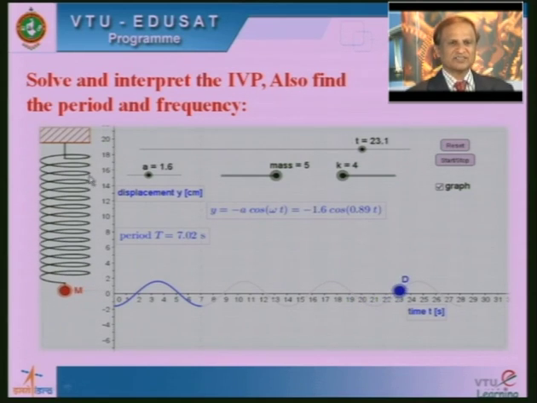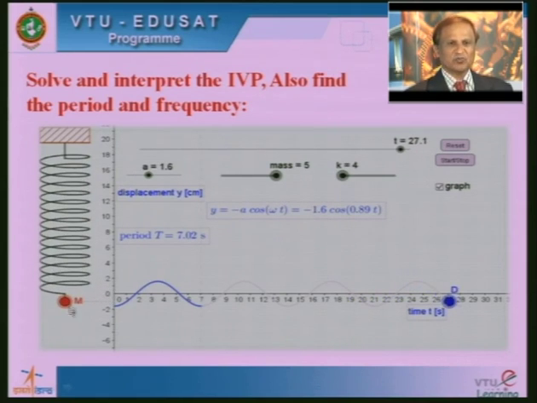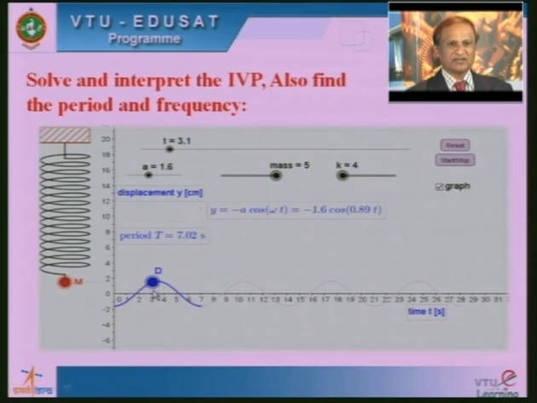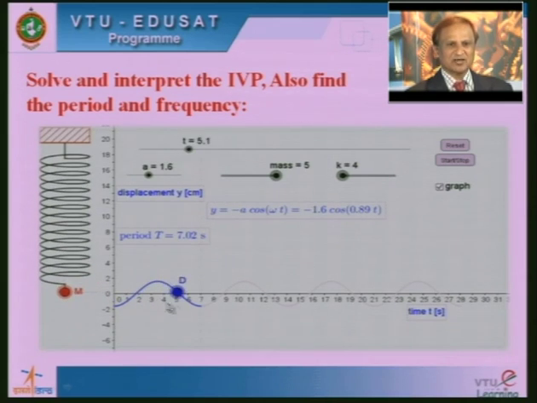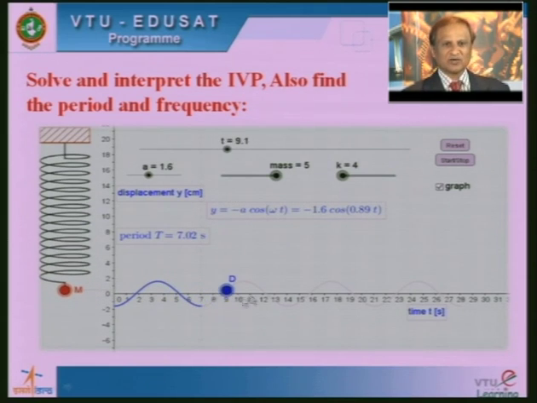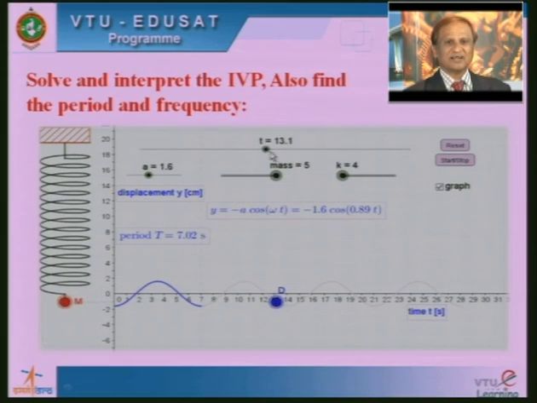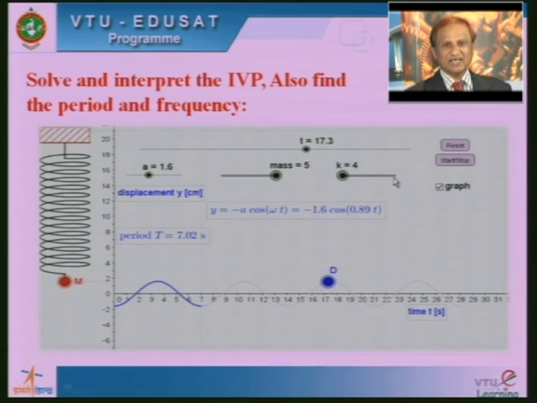When you observe this graph, the mass is moving in the upward and downward directions. You observe this point, according to the mass, moving on the curve, downward and upward. And t is fixed from 0 to 30 seconds.